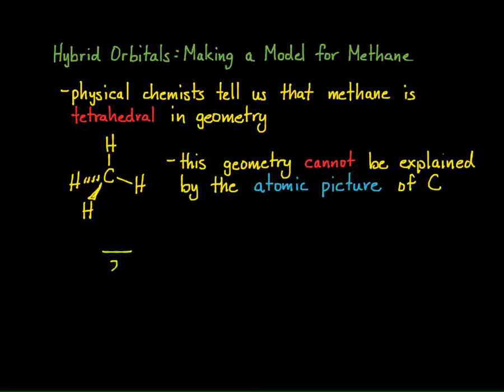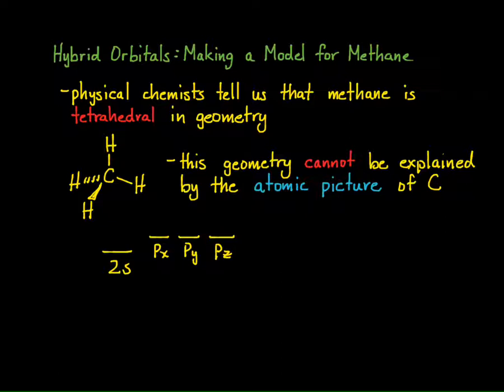Why? Well, if we look at the atomic orbitals of carbon, we see that its valence electrons reside in a 2s and three 2p orbitals, px, py, and pz.